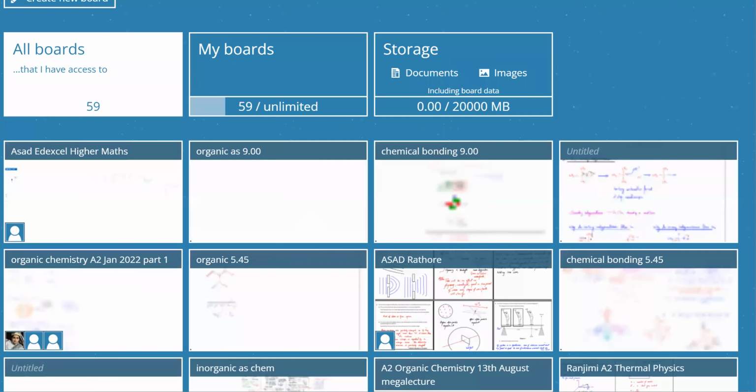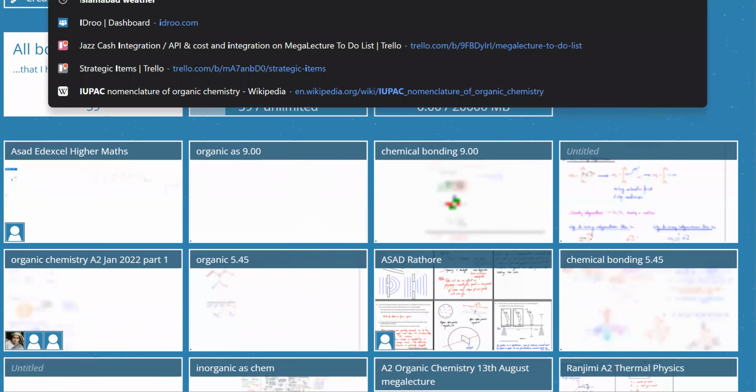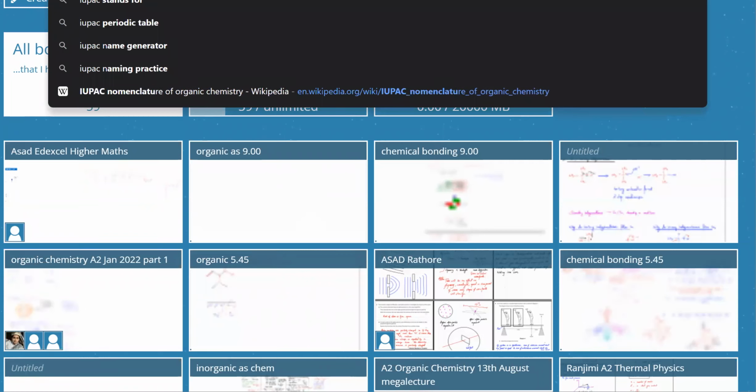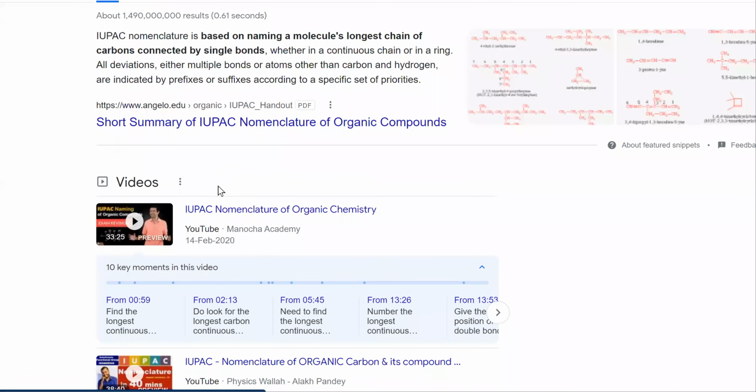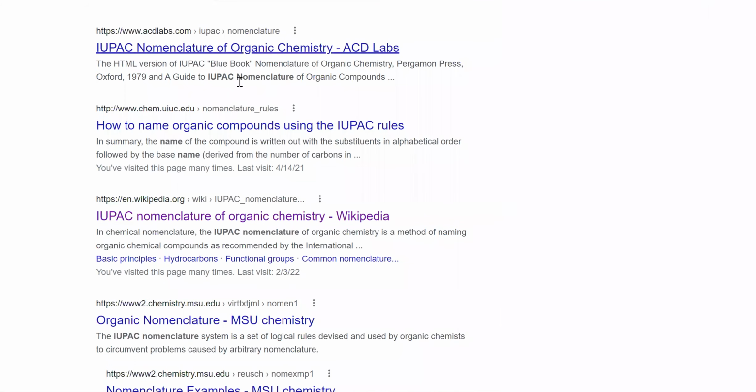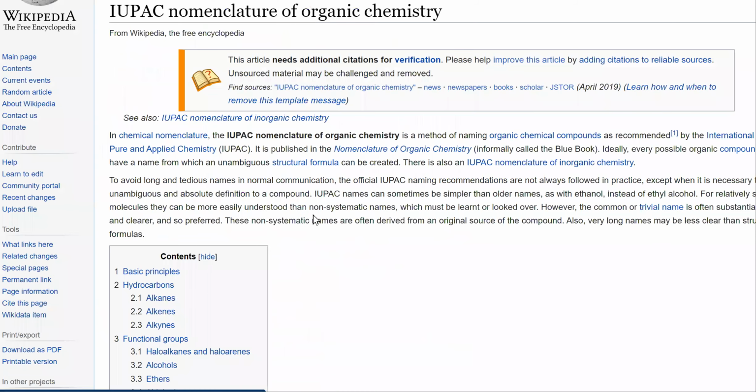Also remember one thing. I'm going to show you the IUPAC nomenclature, which is a very complicated set of rules. But we're going to try and keep things simple.